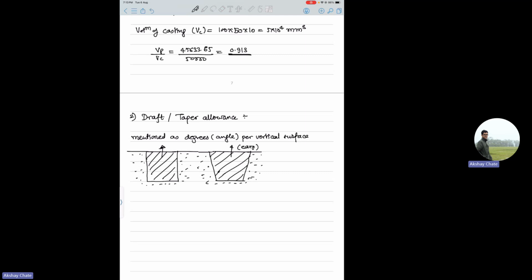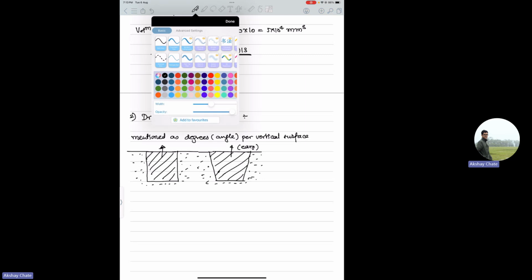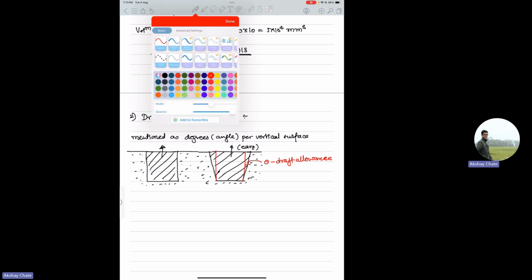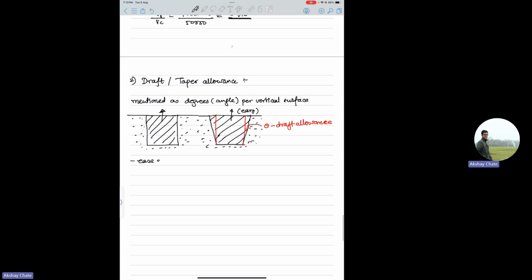The taper that you provide here, usually it's a symmetric taper, so they provide only one value. So this theta is basically your draft allowance. And this is for ease of removal of your pattern.